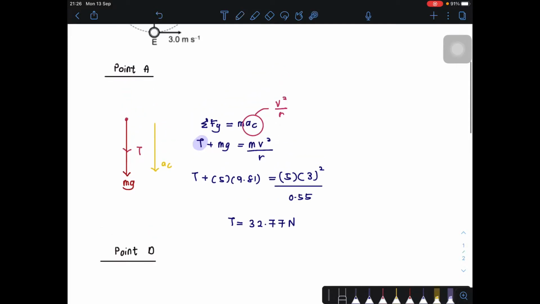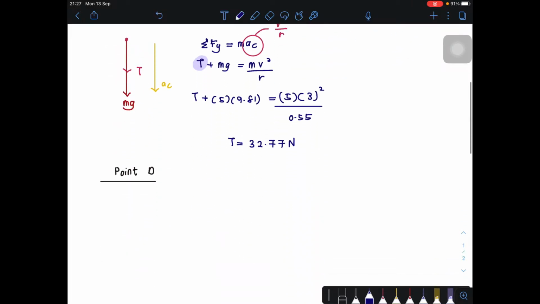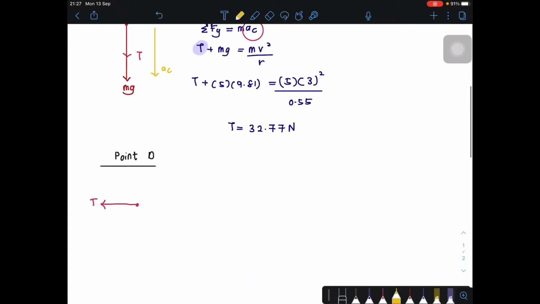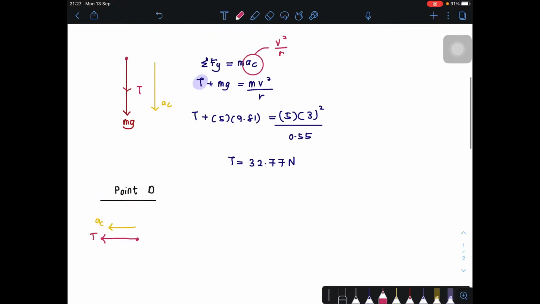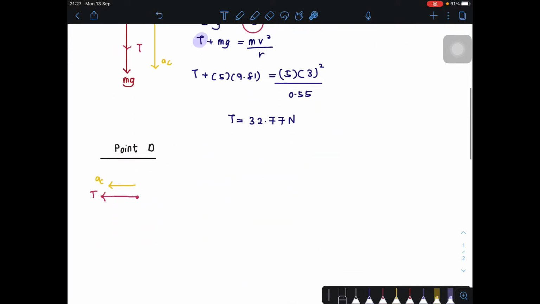Okay, step yang sama, kita akan lukis free body diagram. Okay, but now kita punya tension adalah along the x-axis. So along the x-axis here. So to the left. So to the left is the tension and also the centripetal acceleration. So centripetal acceleration is also to the left. Okay, tetapi kita tahu juga dia akan ada mg, dia akan ada weight force going downward.